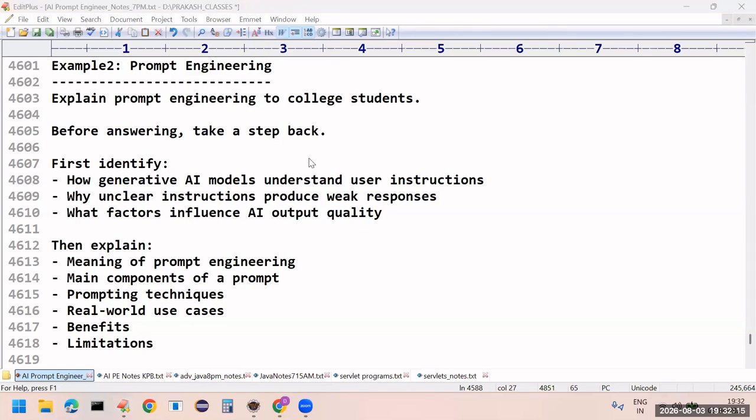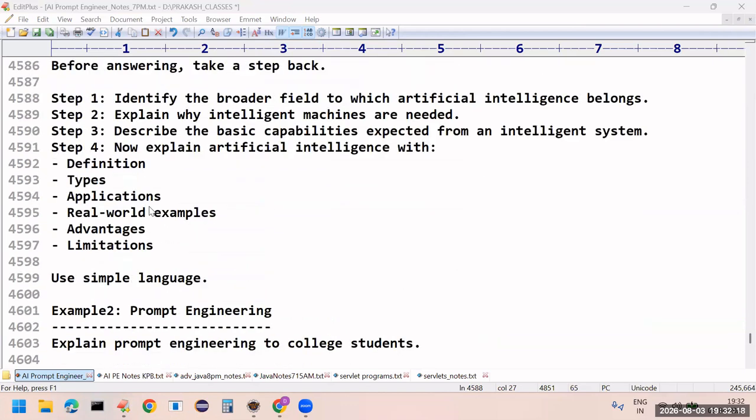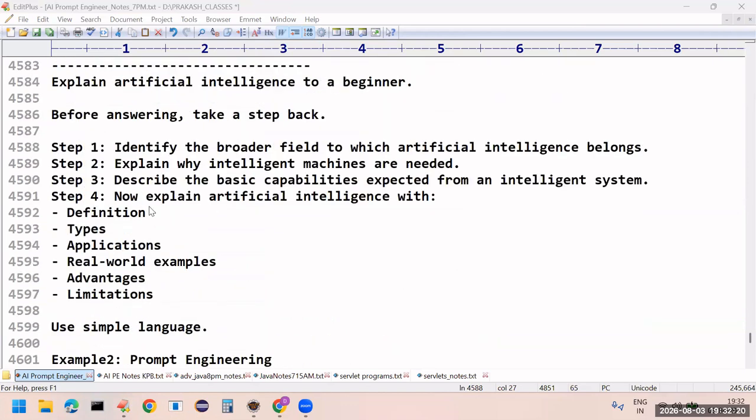Just scroll up a bit. The line says, before answering, take a step back. If I remove this line and write only the four steps, will it have any repercussion on the final outcome? Definitely, sir. Because we are just giving the prompts.